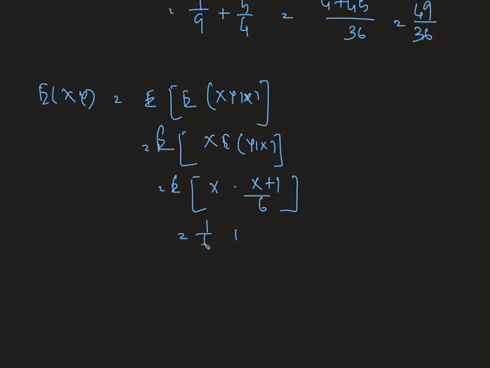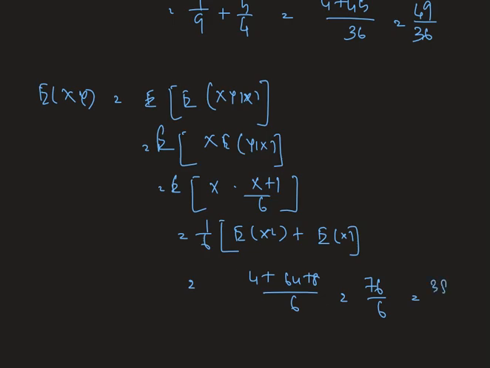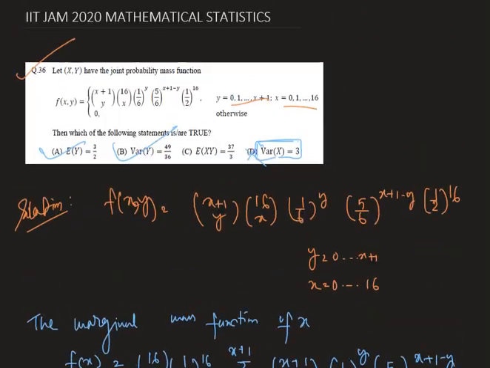Hence 1 by 6 expectation of x square plus expectation of x, and this reduces to 4 plus 64 plus 8 divided by 6, which is 76 by 6, and this is nothing but 38 by 3. Hence option C is wrong.